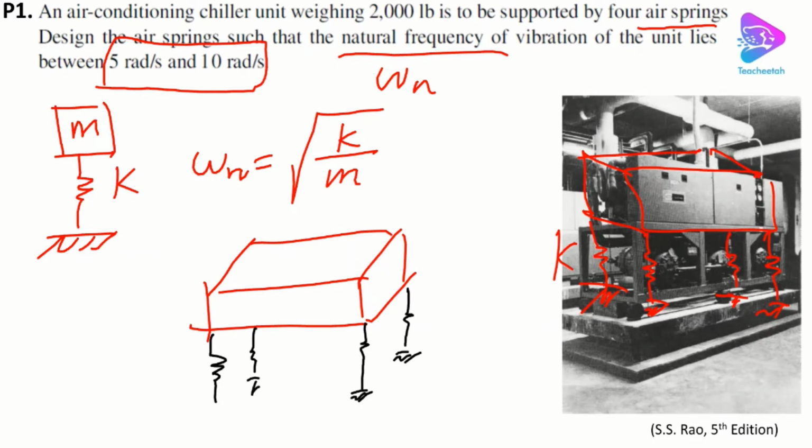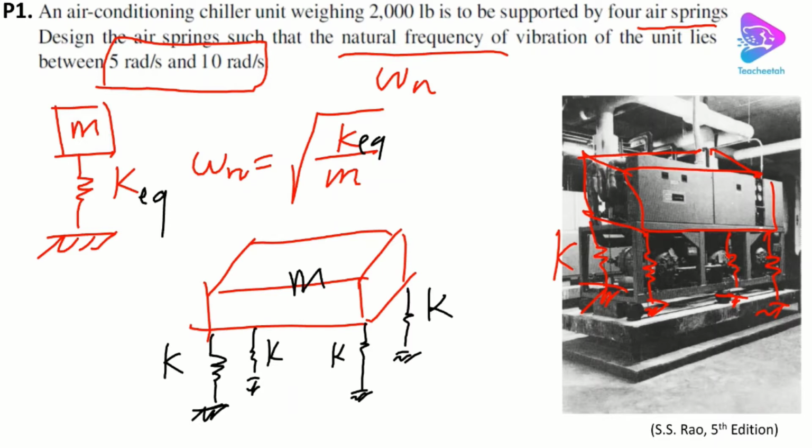They are all equal, K, K, K, and K. So for this case, let me use K equivalent. And as you see, there is only one mass, so we don't have to worry about the equivalent mass, right? And this is M.